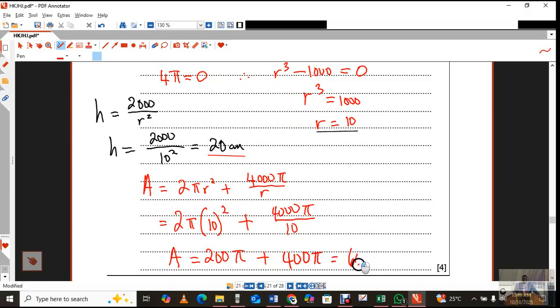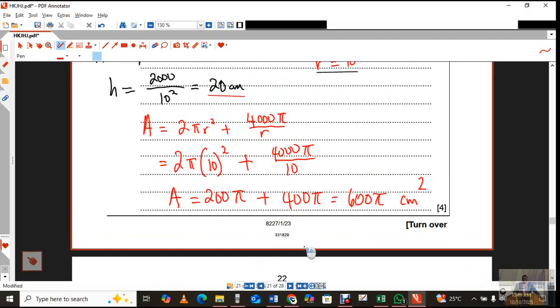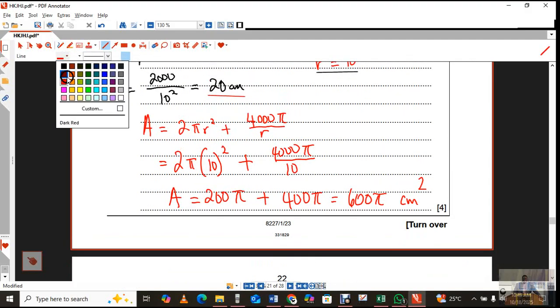At the end of the day, the answer is 600 pi. And since this is area, it becomes 600 pi square meters. So this is our final answer with regard to the area.